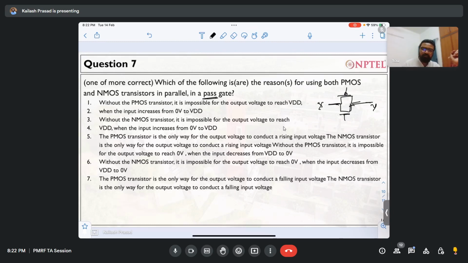The advantage of this structure is that it enhances the speed. When we are transferring zero, the NMOS will be on, and for VDD down to VDD minus VTH the PMOS will also be on.